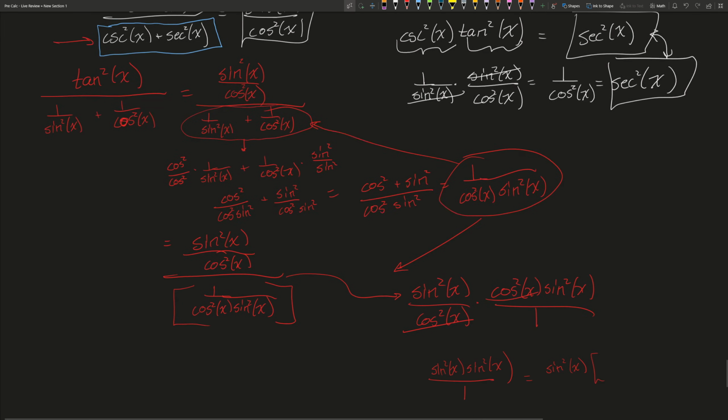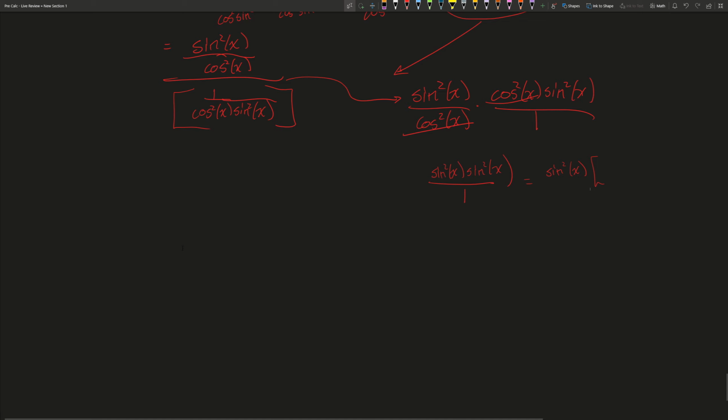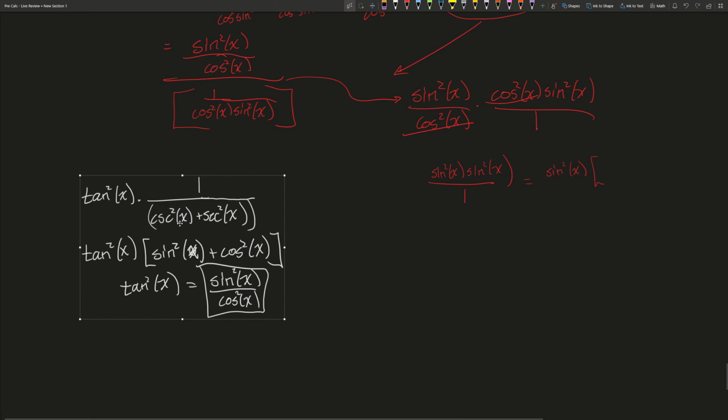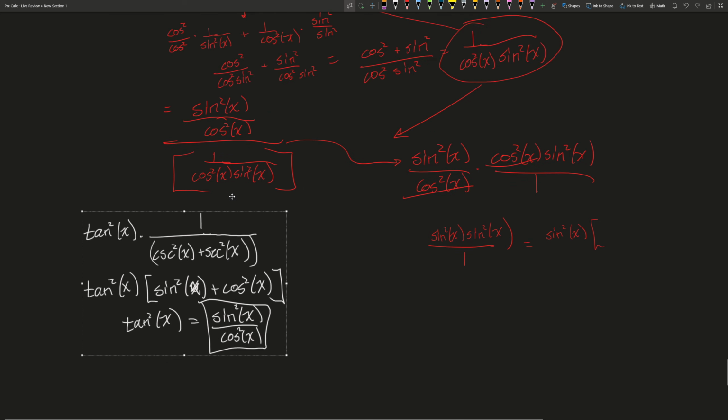This is way messier, and it's probably confusing you more. So just do this. Stop, unclick it.